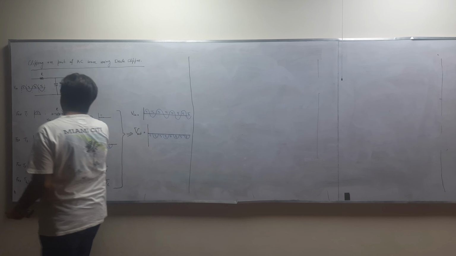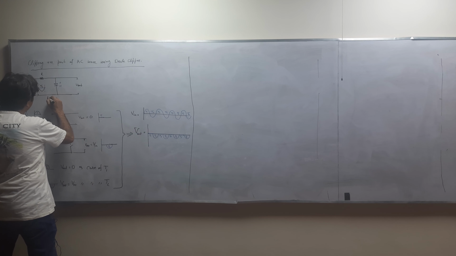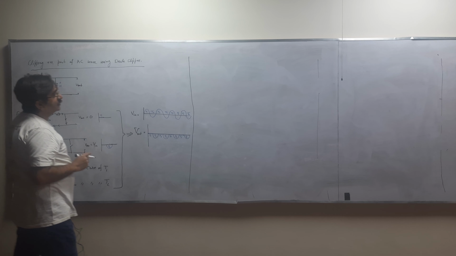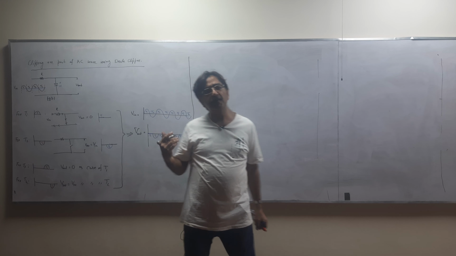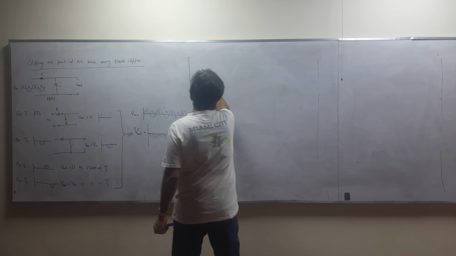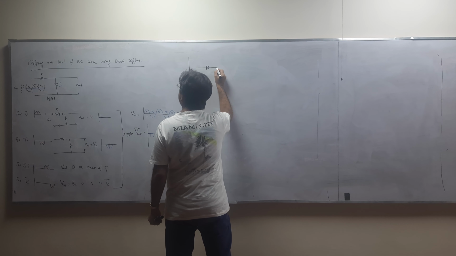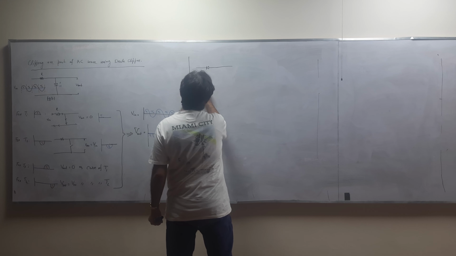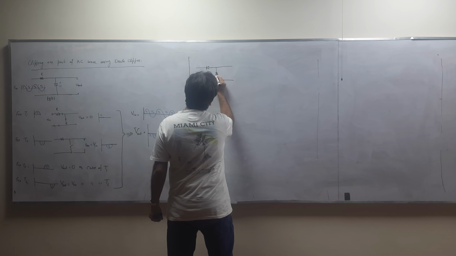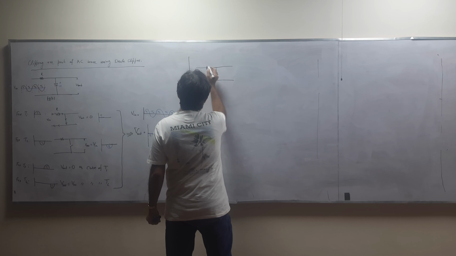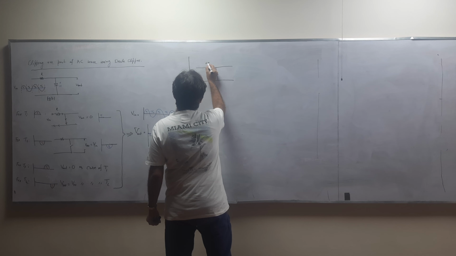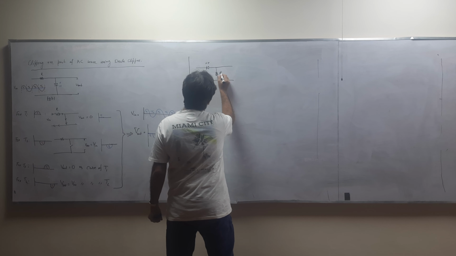This is fig A. Now we consider fig B. This circuit is equivalent if I use the inverse diode here. This is the diode, this is N and this is P, and this is resistance R.